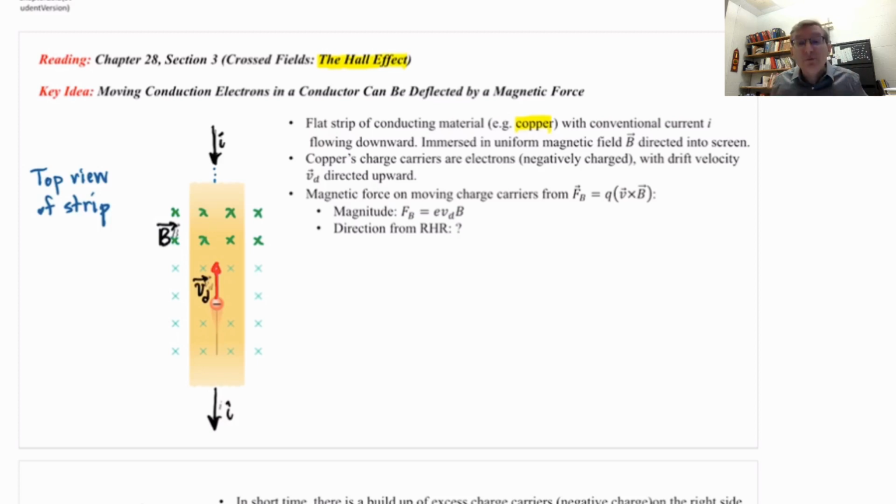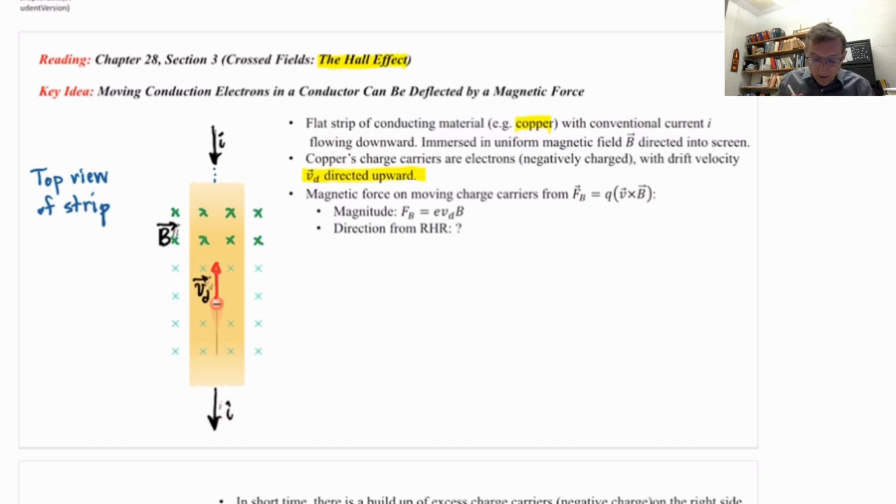All right, so now we just want to think through the physics of what's going on with these moving conduction electrons in the copper. Remember, they're drifting, these conduction electrons, with a drift velocity, quote unquote, upward in our top-down view.